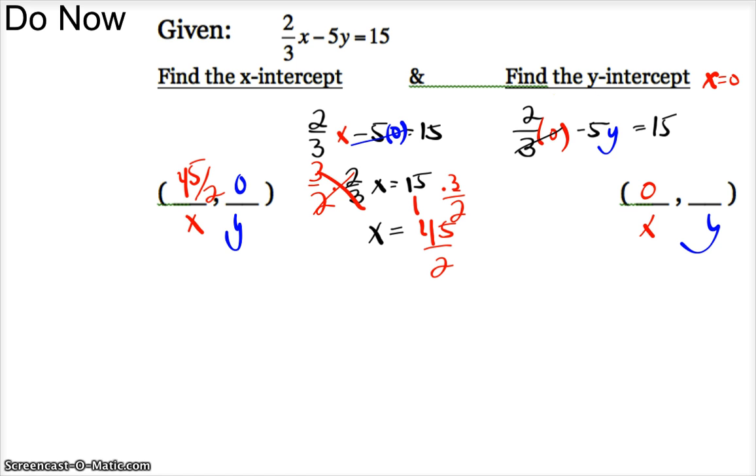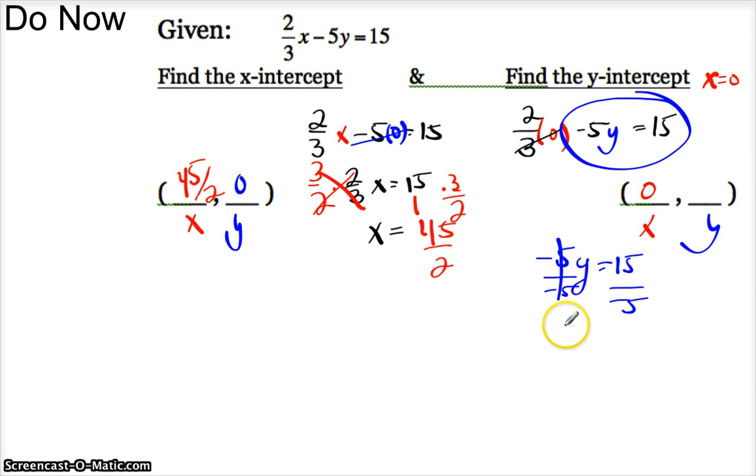We'll bring this down. This is a mistake I saw a lot on your quiz. You bring the entire part down with that negative 5y equals 15, and then divide by negative 5 on both sides. Again, that makes a 1. They go away. Y equals 15 over negative 5, which can be reduced as y equals negative 3.